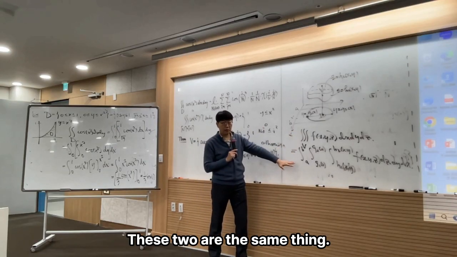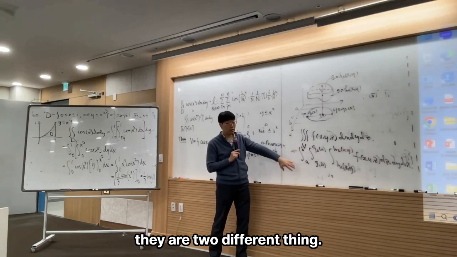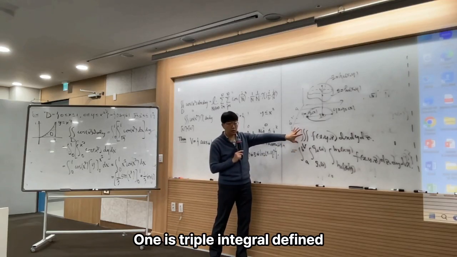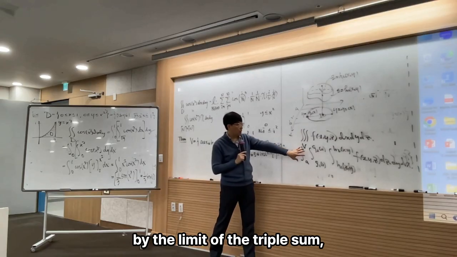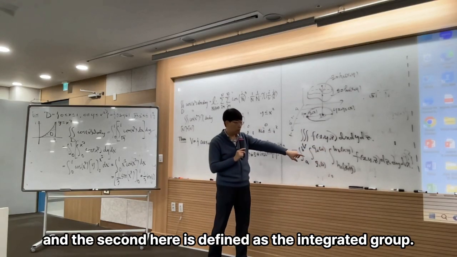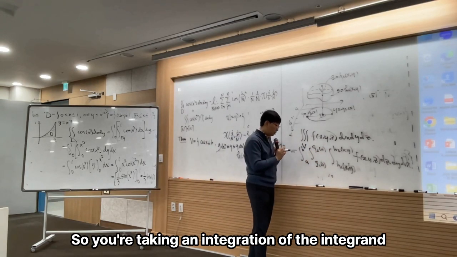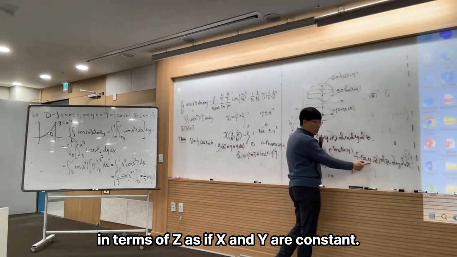These two are the same thing. I'm not saying that they are conceptually the same. They are two different things. One is the triple integral defined by the limit of the triple sum. And the second here is defined as the iterated integral. So you're taking an integration of the integrand in terms of z as if x and y are constant.